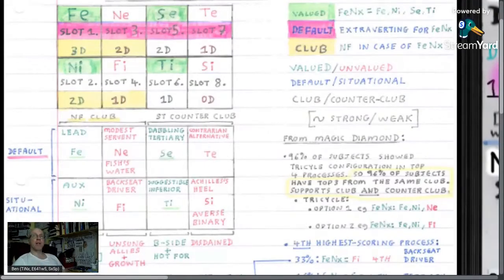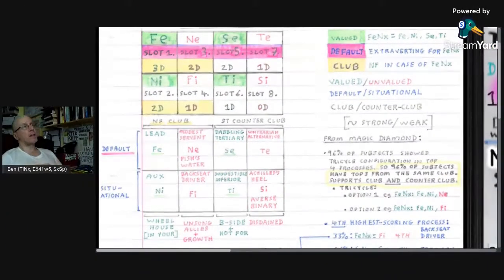So with this, let's look at the first function, the first function being Fe. You can see there that it ticks 3 boxes, in that it's a valued function, Fe being the green function.